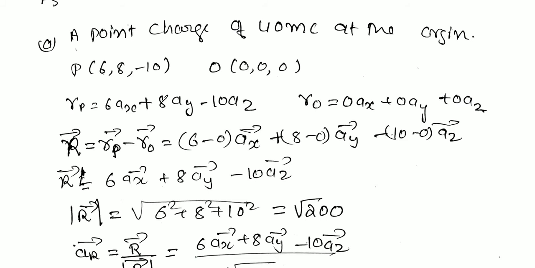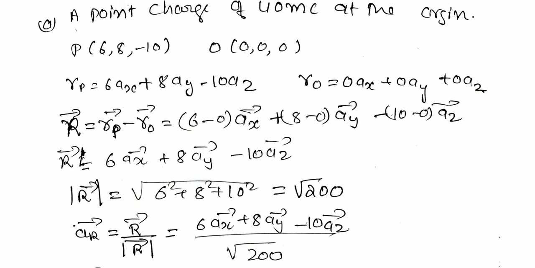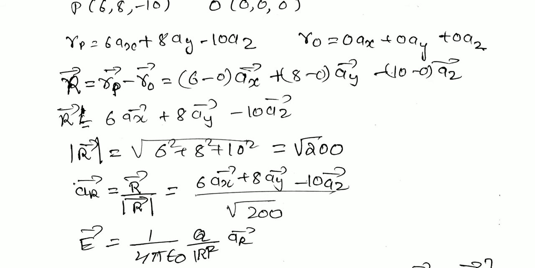The distance vector r is given by rp minus r0, from the point where our field is present to the point of measure, and after simplifying, the vector r is given by 6ax plus 8ay minus 10az.